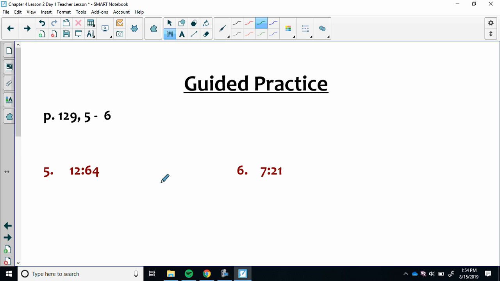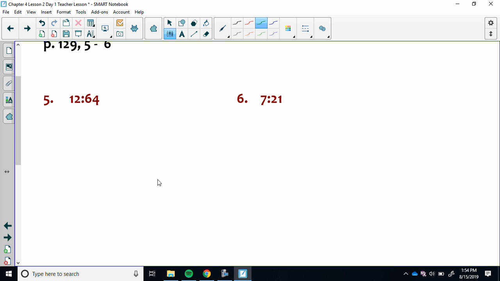Let's practice. So we got 12 and we got 64. So 12 and 64, they're both even. Once again, if you know a number that you can see that goes into both of them, go for it. It doesn't have to start with 2.